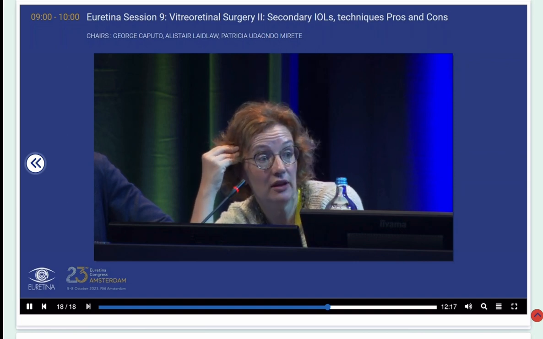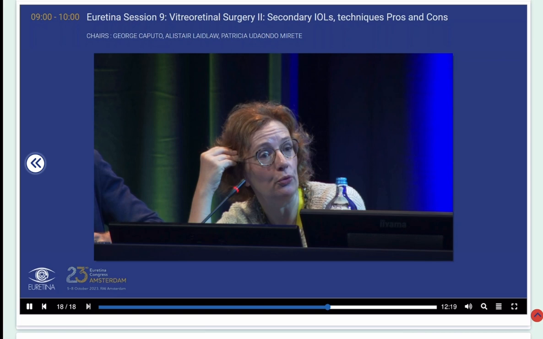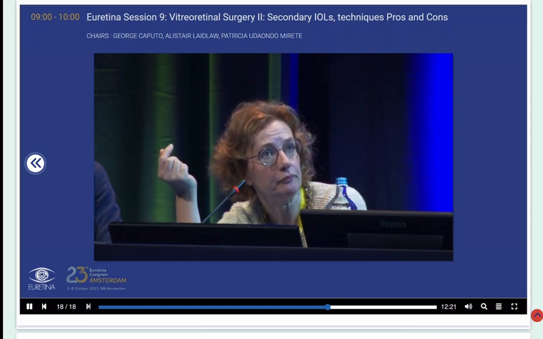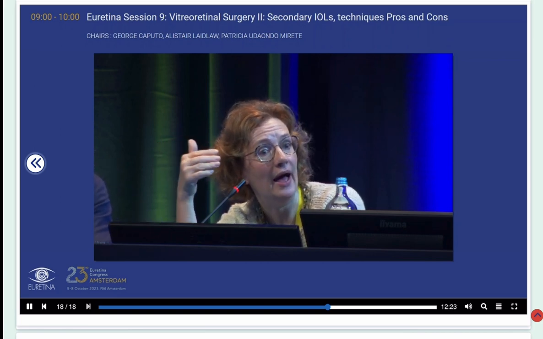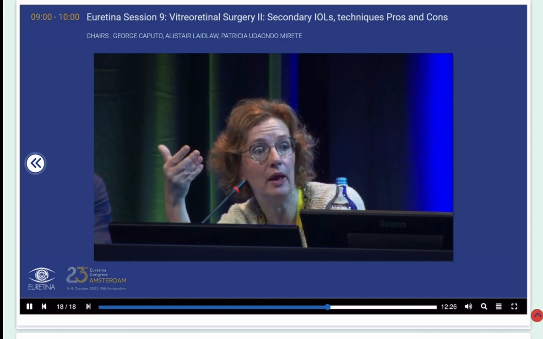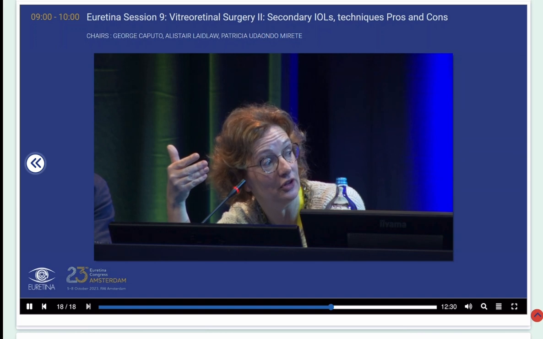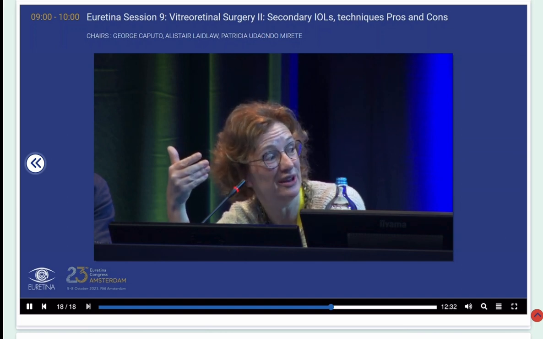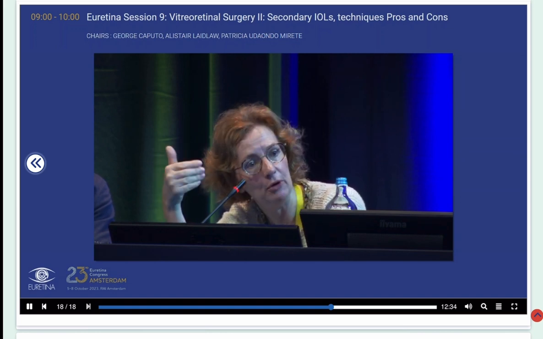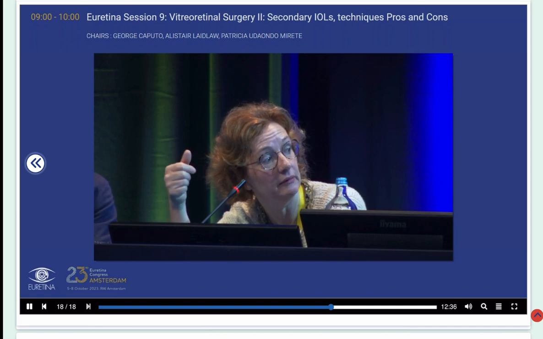So you're right, and I think it's really important that when we're consenting our patients, we do let them know that they are complex patients. We are doing a lens that is not in the position that most of those lenses have been designed for, and we can't guarantee that in 15, 20 years they may not be back with us needing something else being done.